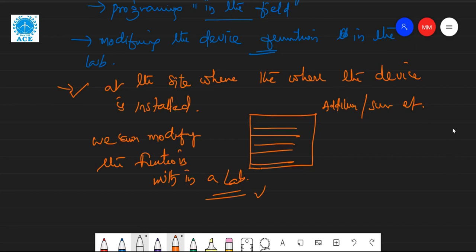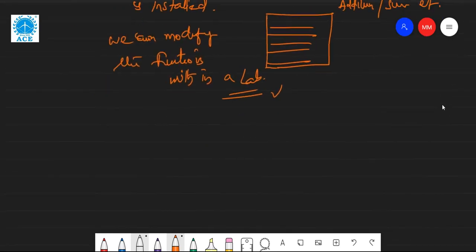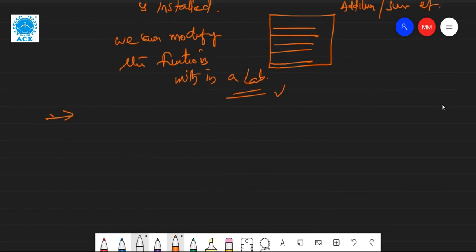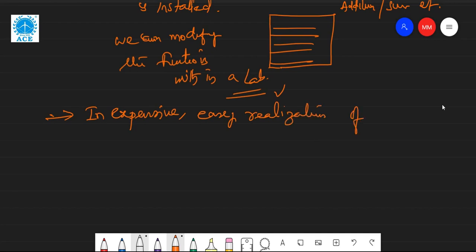Now, generally FPGAs are inexpensive, and very easy realization of logic networks. As I said, they are inexpensive and the major part is easy realization.